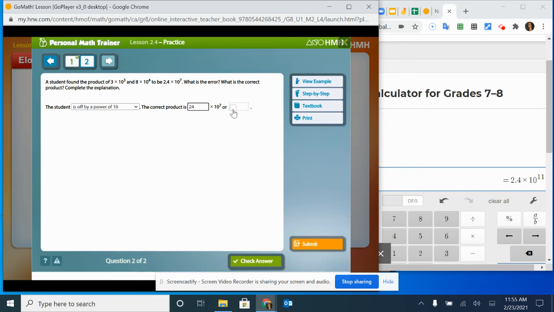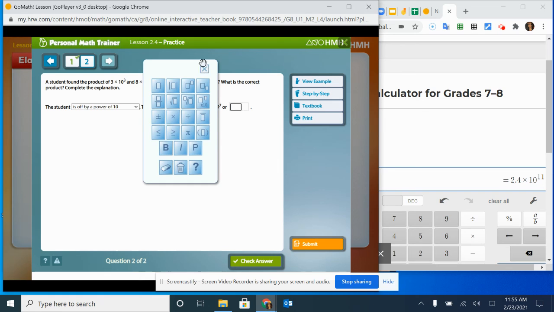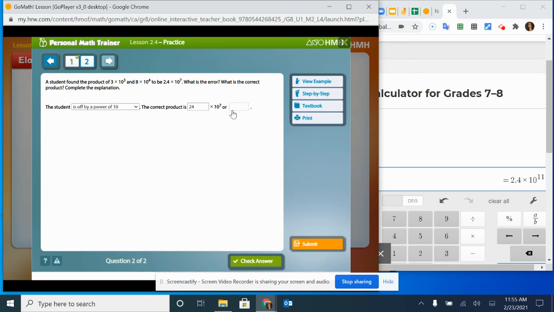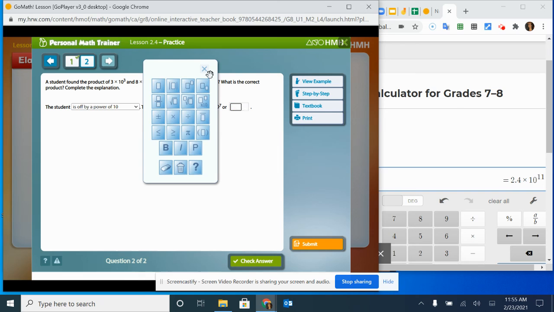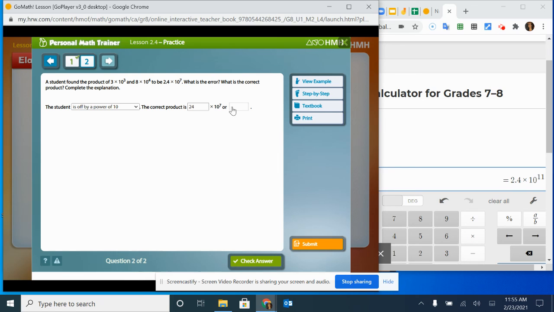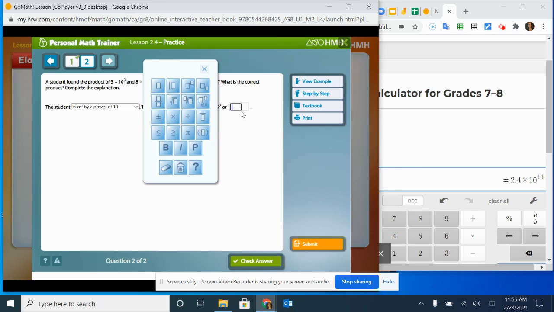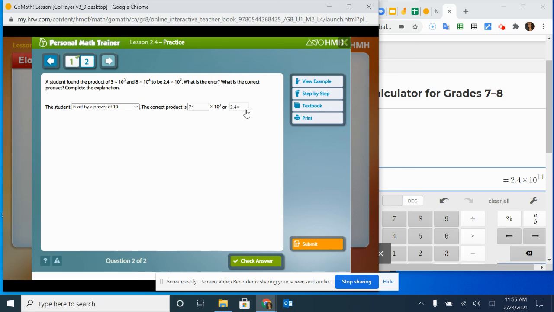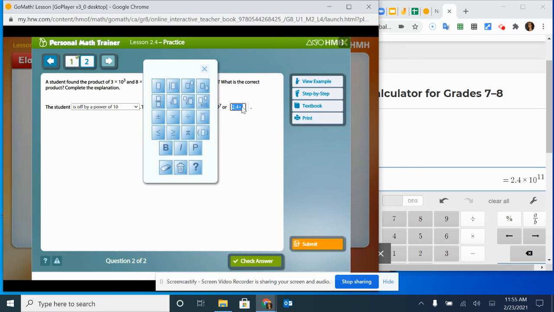Or, the correct product is, never mind. I know. Hold on. So that should have been 2.4 times 10 to the 11th power. So it's going to be 24. 1, 2, 3, 4, 5, 6, 7, 8, 9, 10, 11.